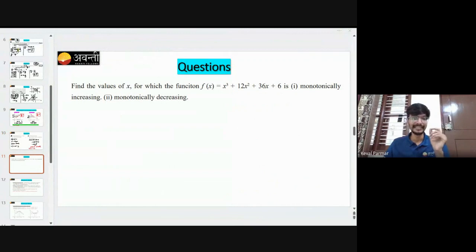So we can actually find f dash of x. Let's find f dash of x.